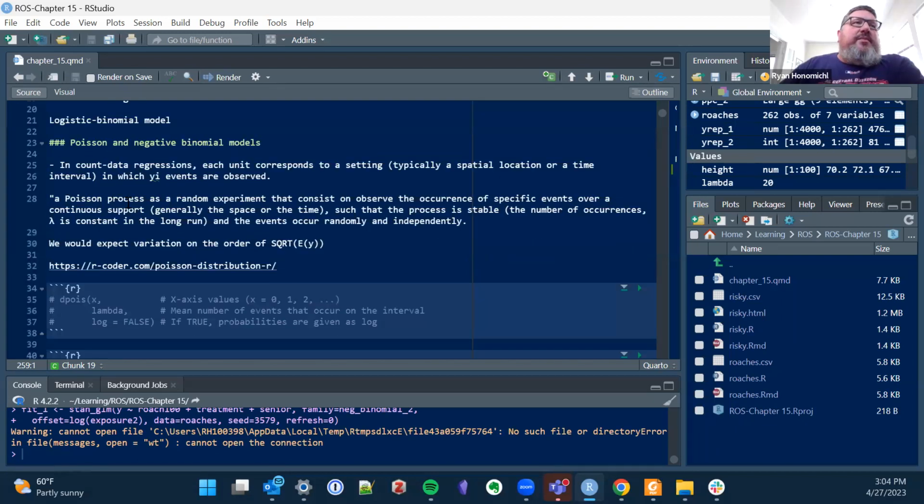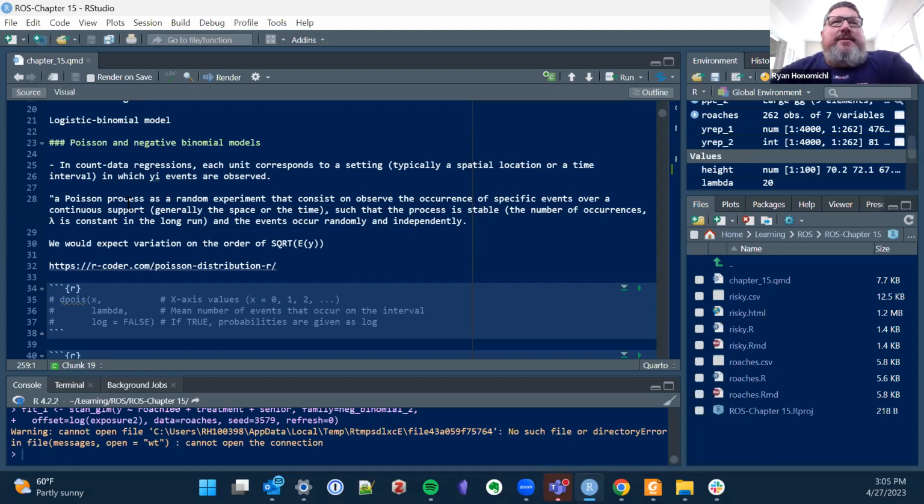One of the important things about count models, and I took this directly from the book so I wouldn't mess it up, is that each unit corresponds to a setting in which the events are observed. I used to teach research methods, and I would have students go out into the world and find counts, such as how many people roll through a stop sign in an hour, or don't come to a complete stop.